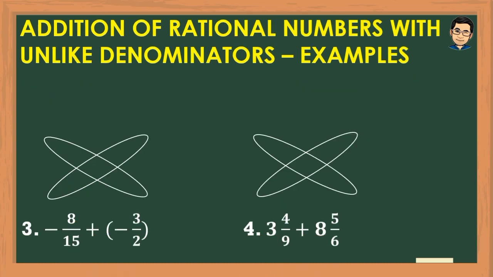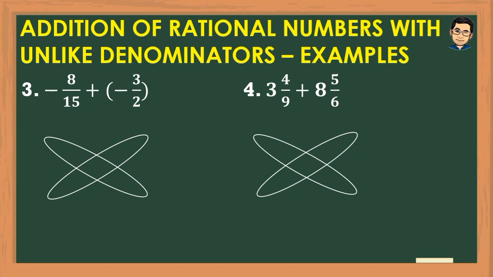So for number 3 and 4, i-apply natin yung butterfly method. So yung butterfly method po, ganito siya. So sulat lang natin negative 8 over 15 plus negative 3 over 2. Okay. So and then we multiply diagonally. So negative 8 times 2, that is negative 16. And then 15 times negative 3, that is negative 45.